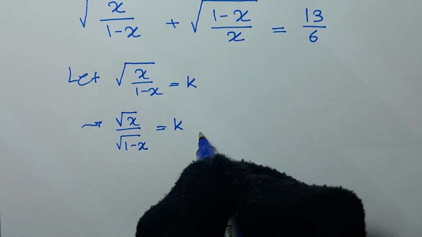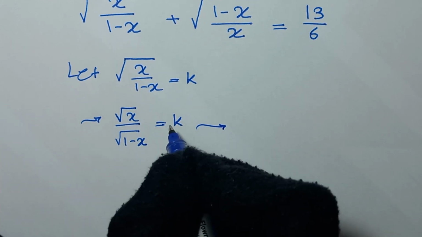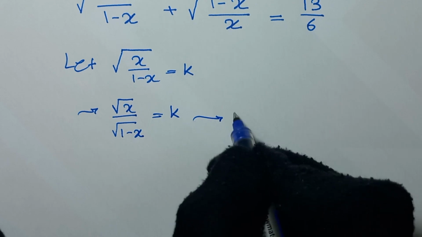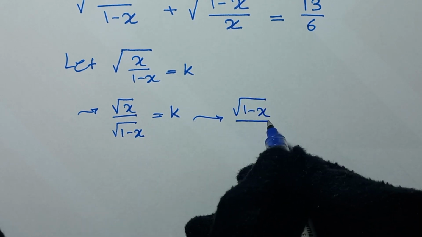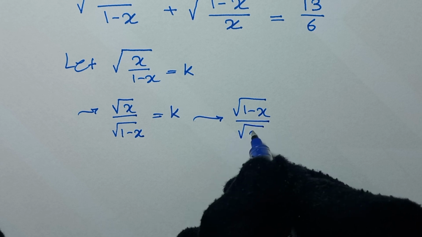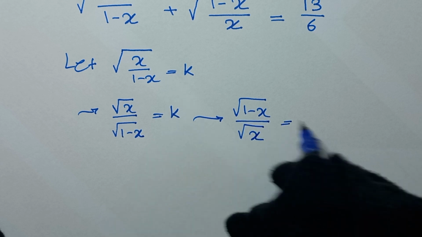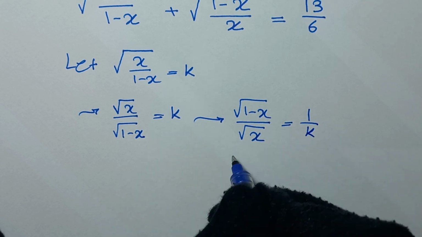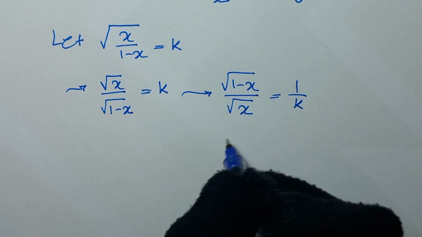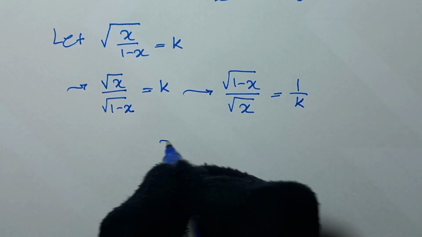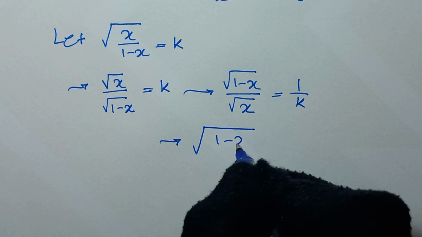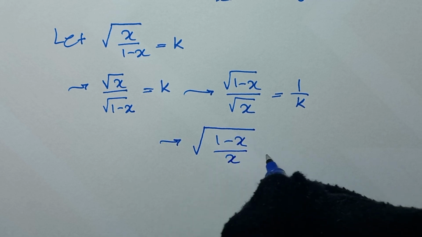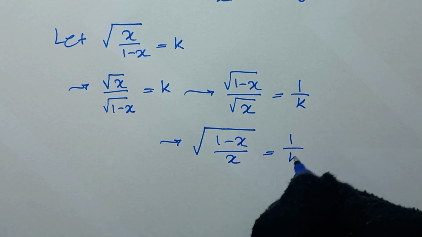And we take the reciprocal of both sides of the equation, and it will be the square root of 1 minus x over the square root of x is equal to 1 over k, right? So we can write this as the square root of 1 minus x over x is equal to 1 over k.